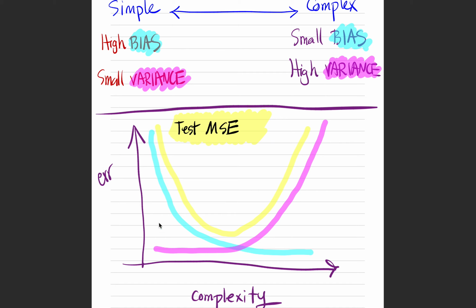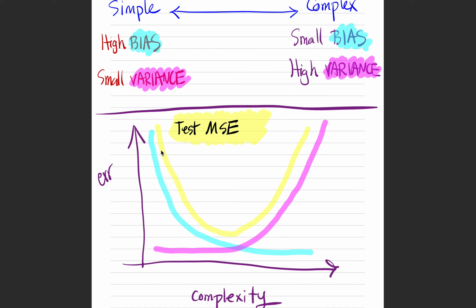Now the test MSE is the sum of the bias plus the variance plus a constant, and the test MSE, as we move from rigid to flexible, reduces.